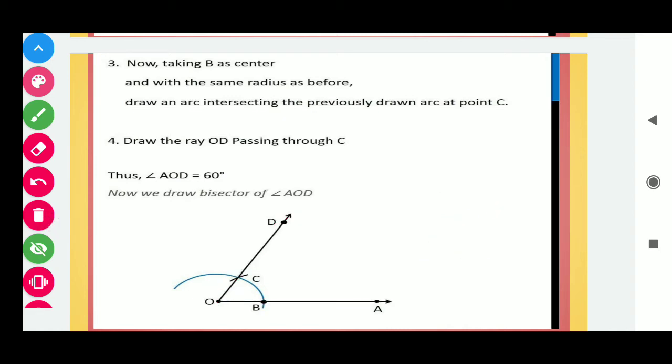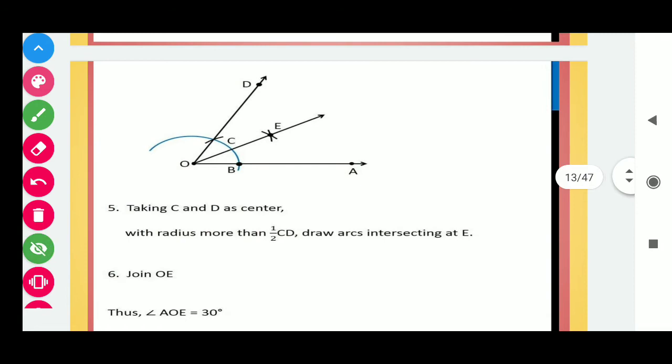So for that we find the middle point of B and C. So students, for that we take the pinpoint of the compass at point B and mark an arc.